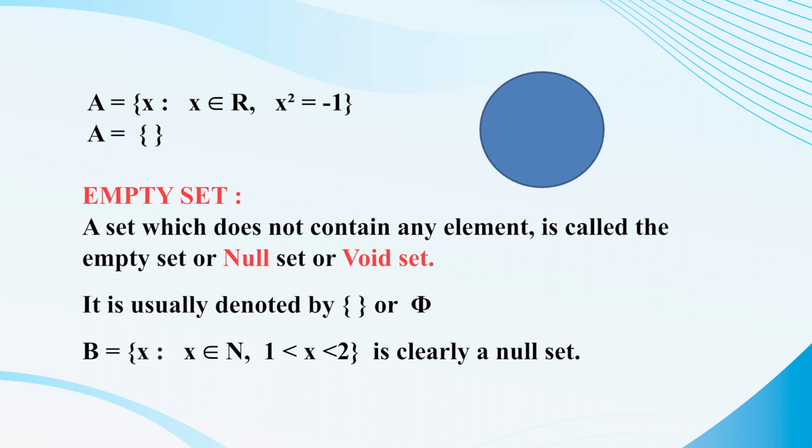Further, if we have set B as a set containing x such that x is a natural number and x lies between 1 and 2. Now again there is no natural number which is greater than 1 and less than 2.